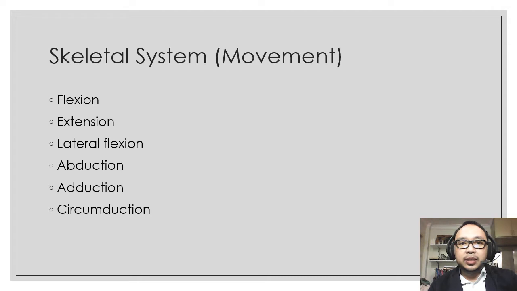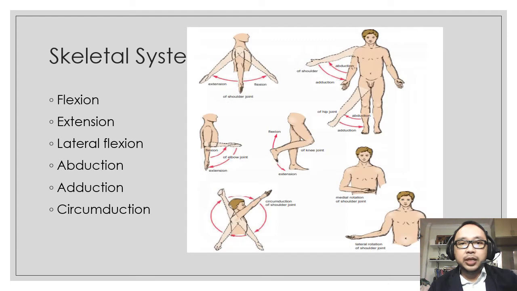So the skeletal system is basically involved in movement. We have your flexion, extension, lateral flexion, abduction, which is moving away from the midline, adduction, moving towards the midline, and a combination of these movements would be your circumduction.